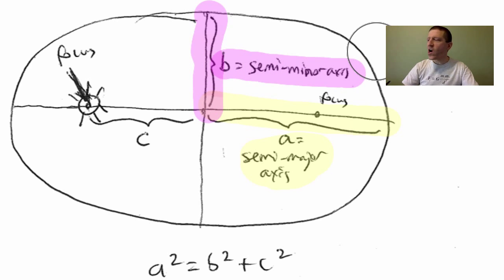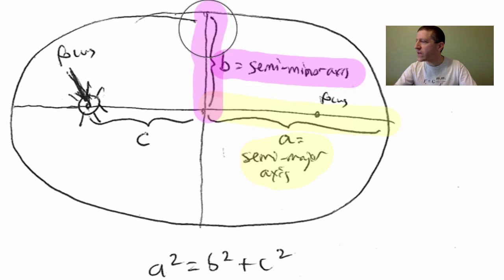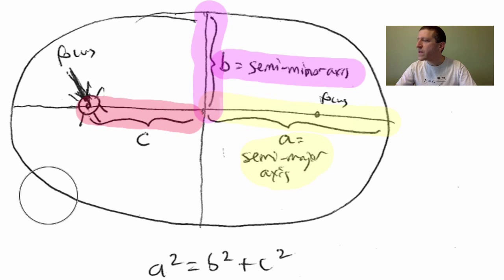And then we also have this thing called C, which is the distance from the center to the focus. I don't even know if there's a specific name for this, but this is the distance from the center to the focus of the ellipse.